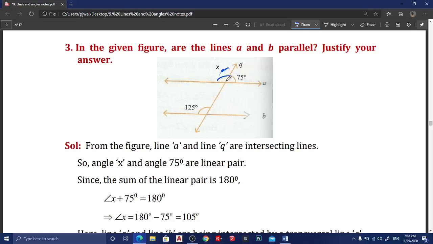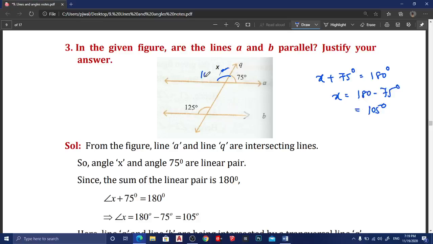Two intersecting lines will form a linear pair. So now x plus 75 degrees is equal to 180 degrees. Since the sum of the linear pair angles is 180 degrees, you can find x is equal to 180 minus 75, which is 105 degrees.